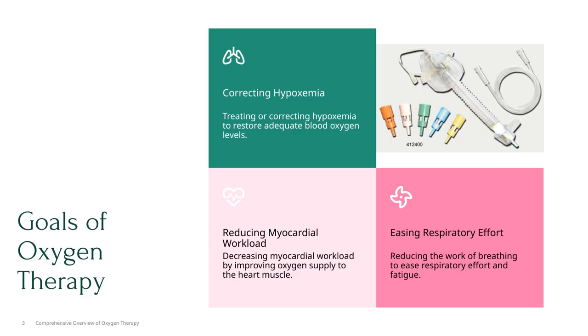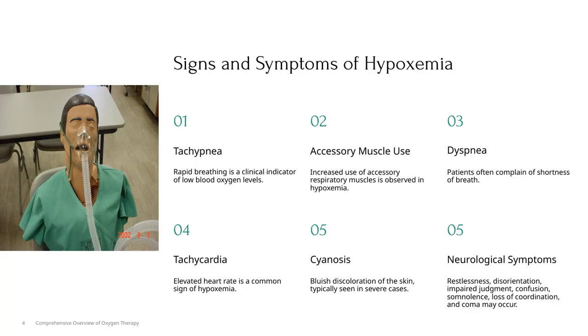All these points tie back to the overall theme of supporting patients' respiratory and cardiovascular health, ensuring their oxygen levels are maintained at optimal levels while minimizing the strain on their bodies. On slide 4, we're focusing on the signs and symptoms that indicate hypoxemia and the potential neurological impacts of oxygen deficiency.